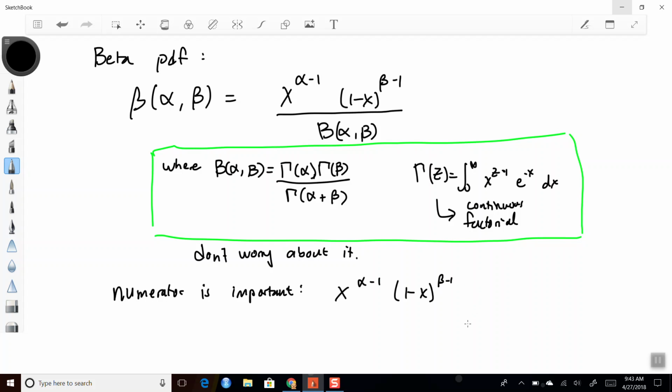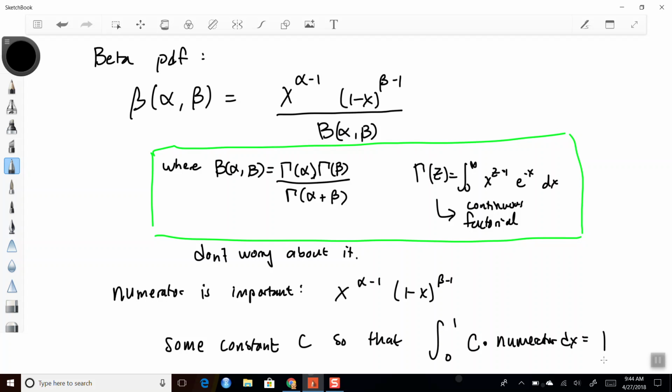And this stuff on the bottom, you just think of this as a constant. It's just some constant c, so that the integral from 0 to 1, which is the entire span, we can technically go from negative infinity to positive infinity, but from 0 to 1 of the constant times the numerator dx is equal to 1, okay?